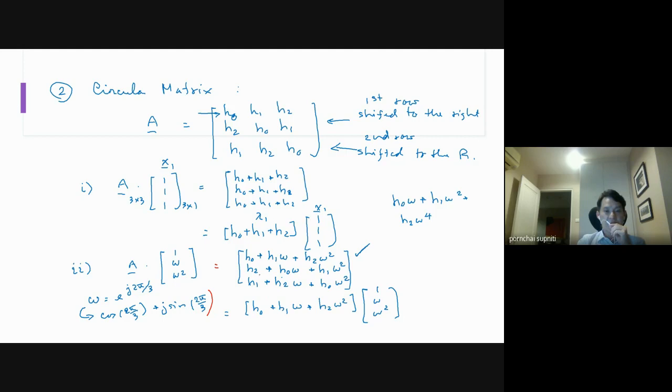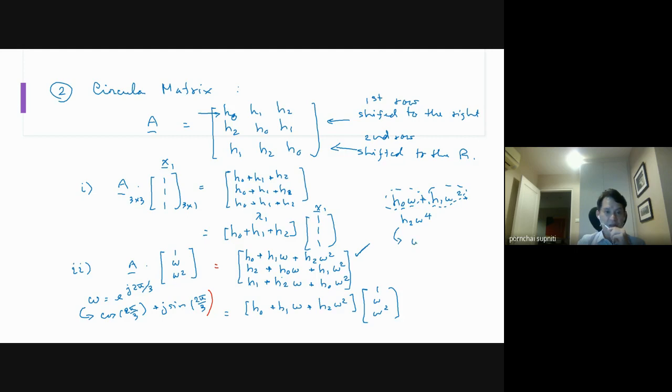For the second row, I have H2 plus H0 omega, and then I have H1 omega squared. And then the last one, I have H2 omega to the fourth.